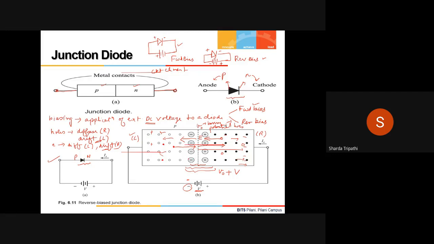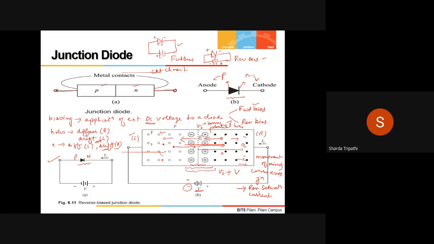This movement of minority carriers across the junction causes a flow of small current, and this current is known as the reverse saturation current of the diode.